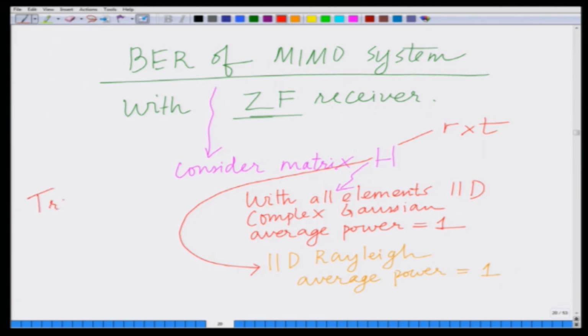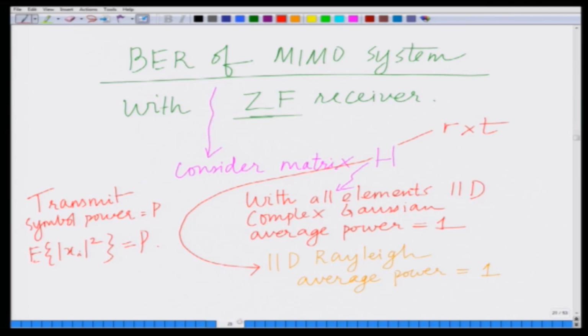So, also consider transmit symbol power equals P, that is expected value of magnitude xi square equals P. Alright, the channel coefficients are IID Rayleigh fading with average gain magnitude square equal to 1, and the transmit power of each symbol in this transmit vector is P.